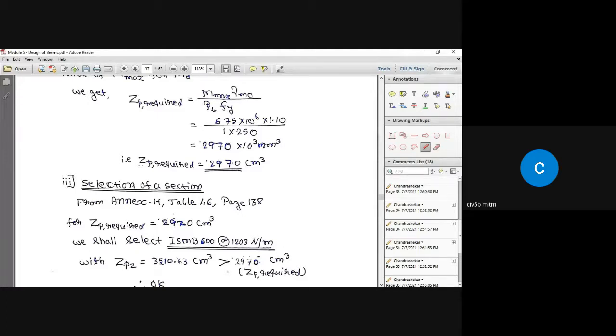Okay. Now, for this section modulus, we need to pick up a section. So again, I go with ISMB. So to pick up an ISMB, please open page number 138. Annexure H, page number 138. Please open it.